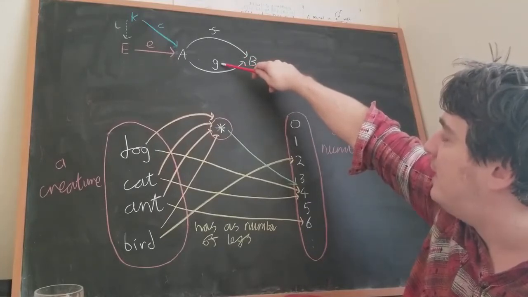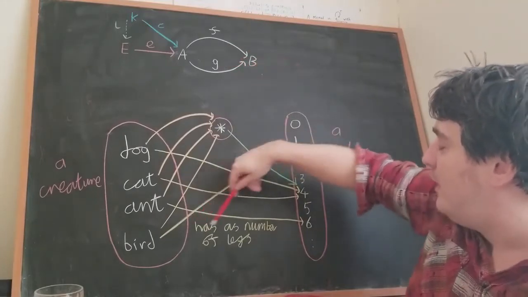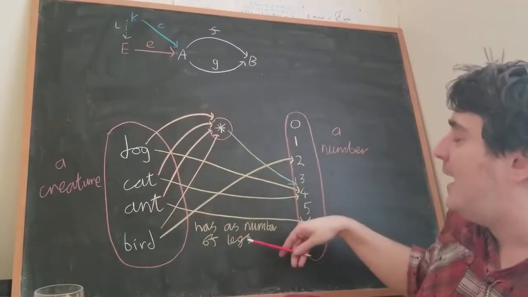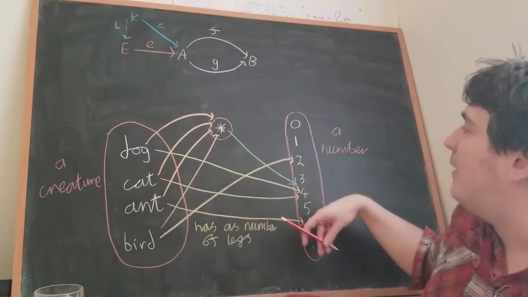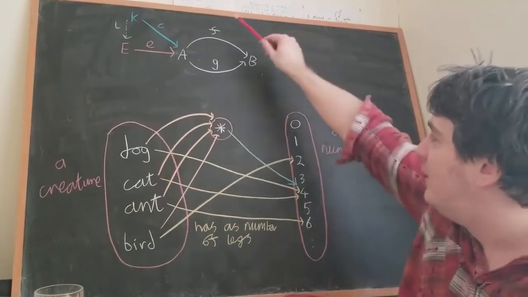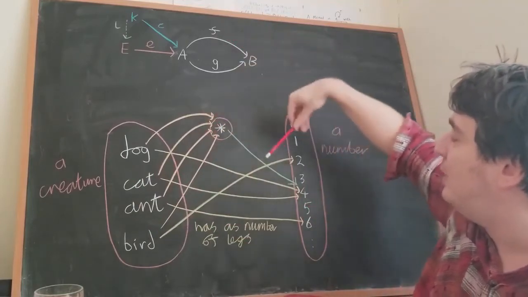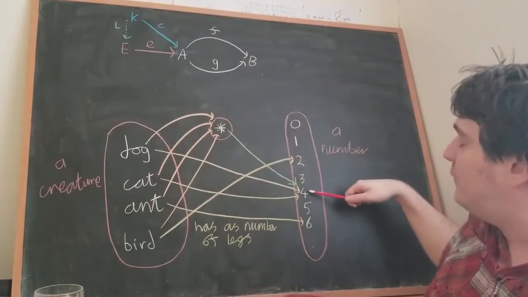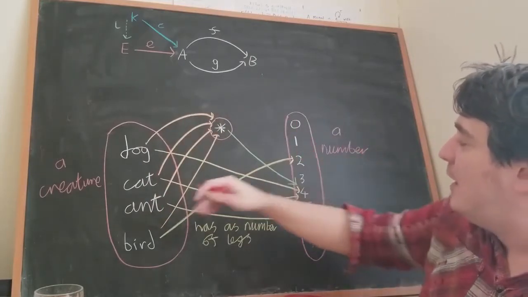Let's say this yellow function computes the number of legs that these creatures have, and let's say this function F sends everything to the number 4.